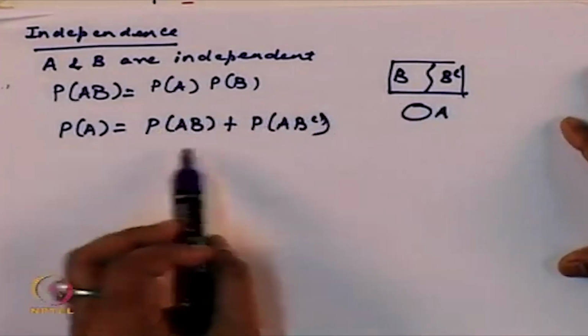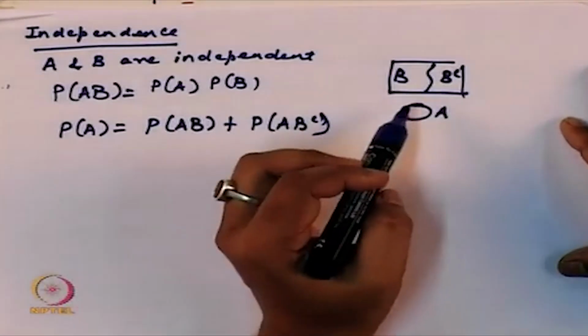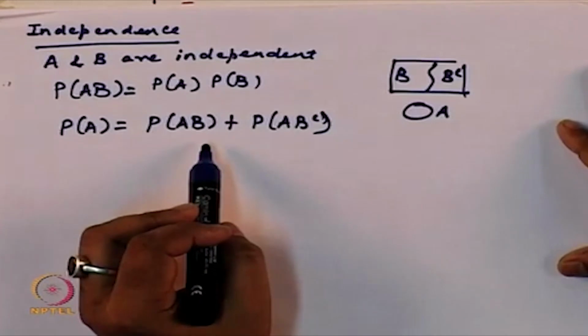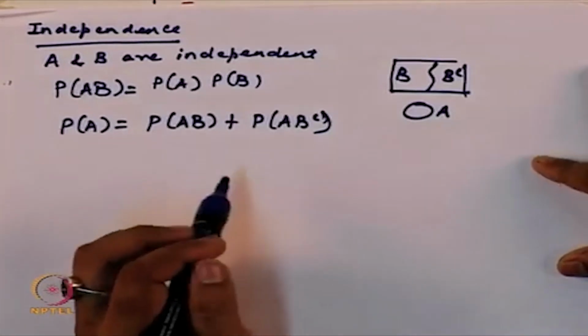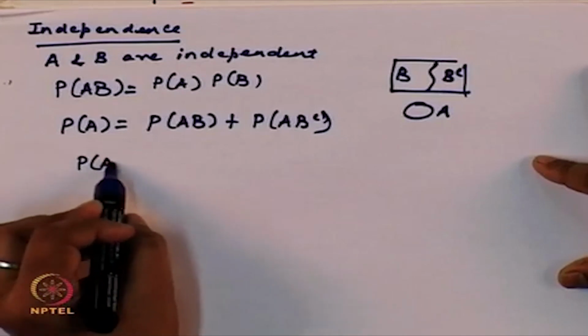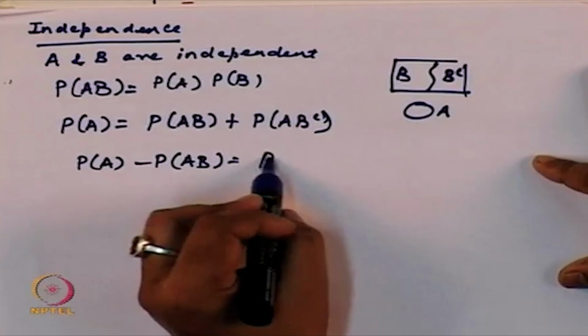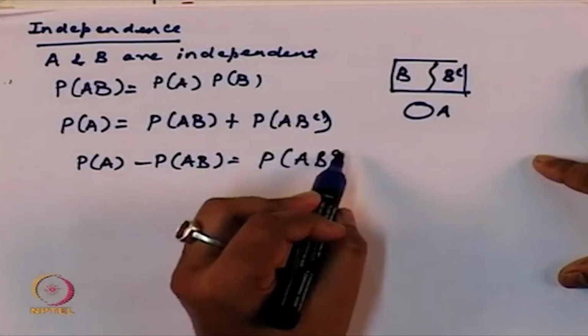Clearly P of A is P of AB plus P of A B complement. Taking it to the other side, P of A minus P of AB is equal to the probability of A B complement.